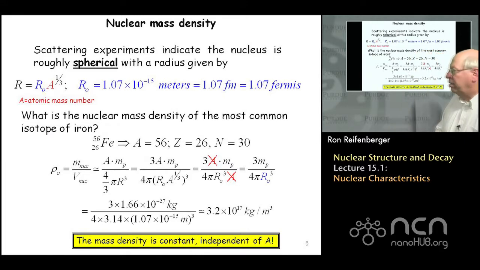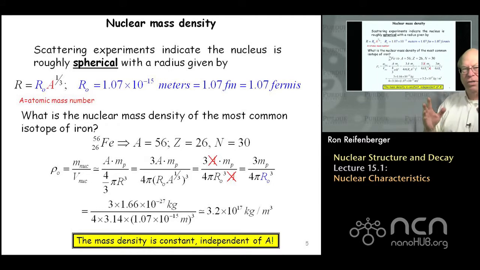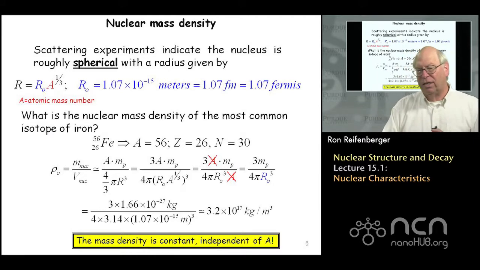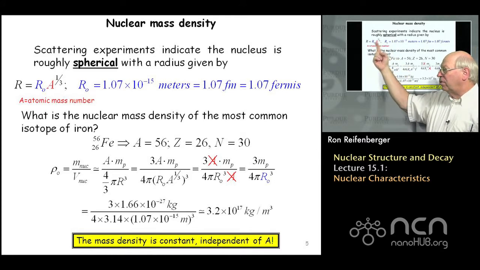To a very good approximation, the mass radius of a nucleus is given by a constant R0 times the atomic mass number A raised to the 1/3 power. You'll recall the atomic mass number is the number of protons plus neutrons contained in the nucleus. You raise that number to the 1/3 power, you multiply it by R0, and you've got an expression for the radius of a particular nucleus.